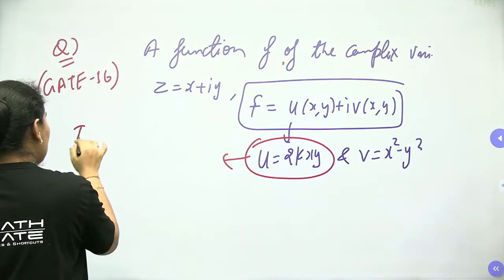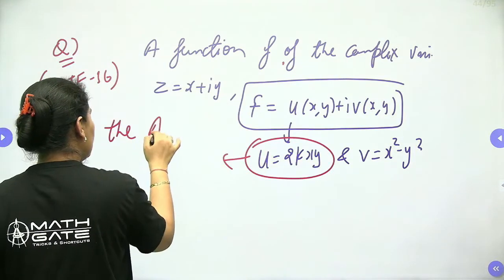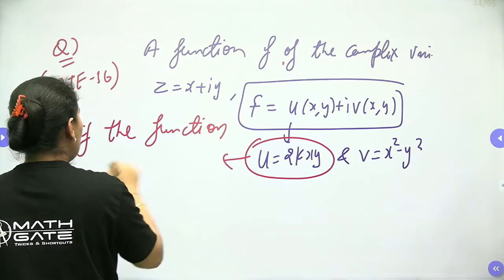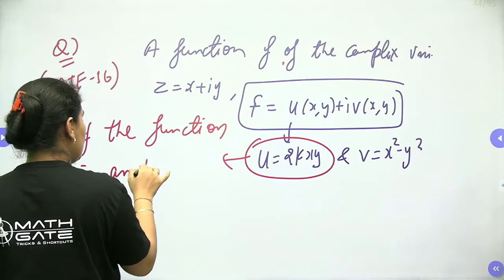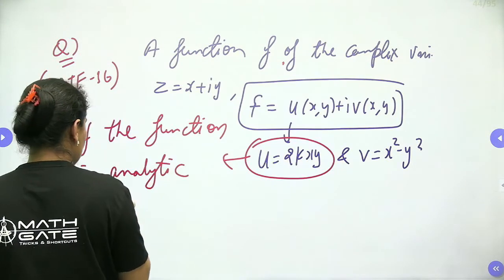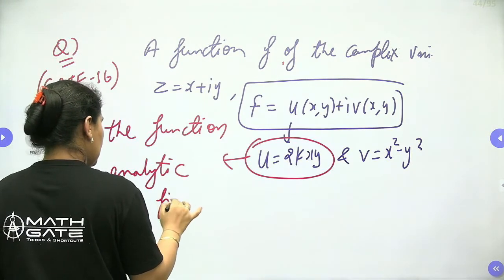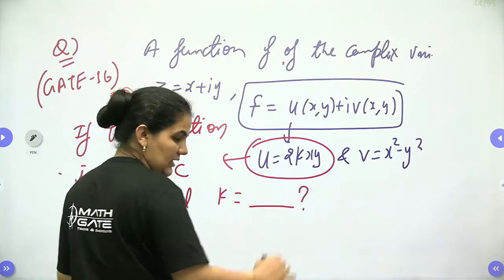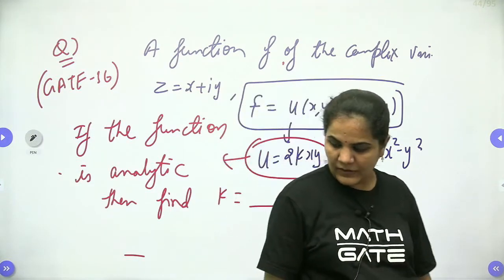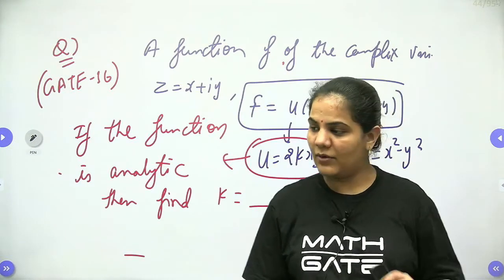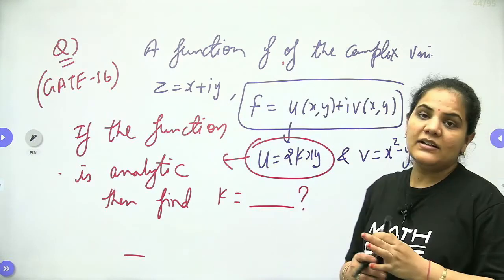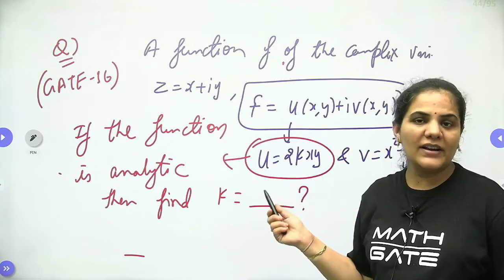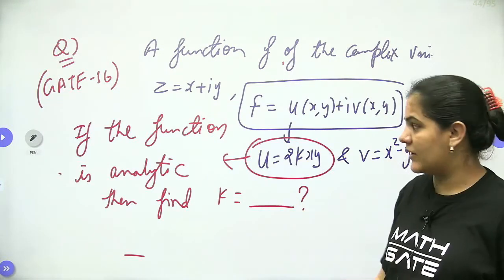It's already given in the question, so let's approach how we will find k. This question was a numerical entry type, which means we don't have options in the question.